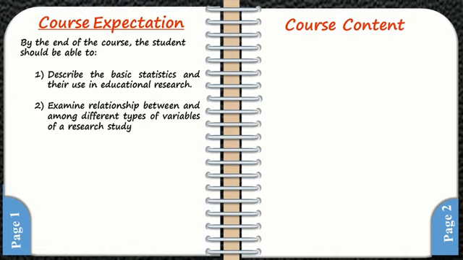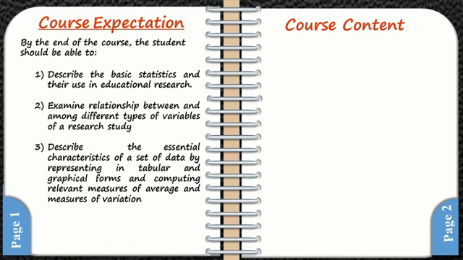Expectation number 2 is to examine relationships between and among different types of variables of a research study. Expectation number 3 is to describe the essential characteristics of a set of data by representing it in tabular and graphical form and computing relevant measures of average and measures of variation.